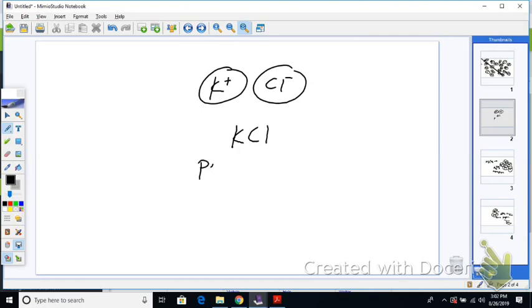So you name the potassium. Then if you notice, the chlorine's not a polyatomic ion, and it's on the periodic table, so it has to be in an ion form. The ion form always has an ending of -ide when you differentiate it from a regular chlorine atom.